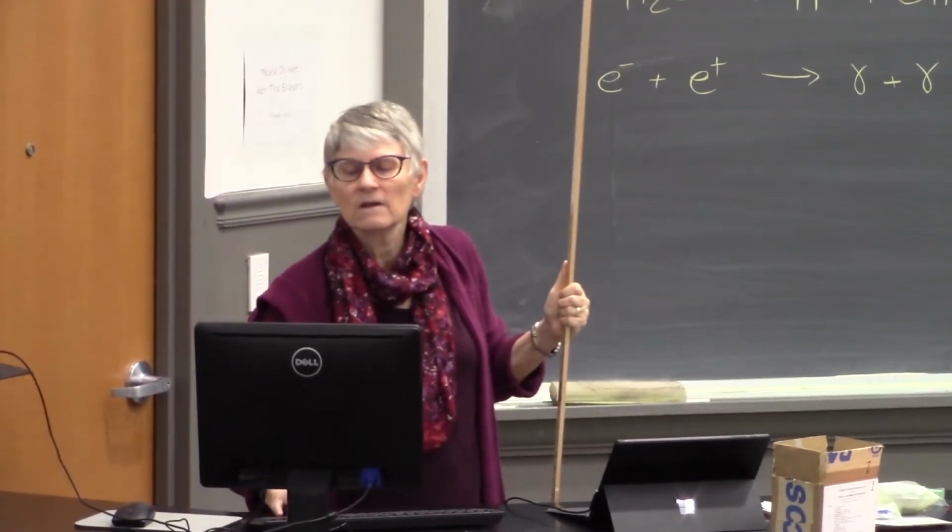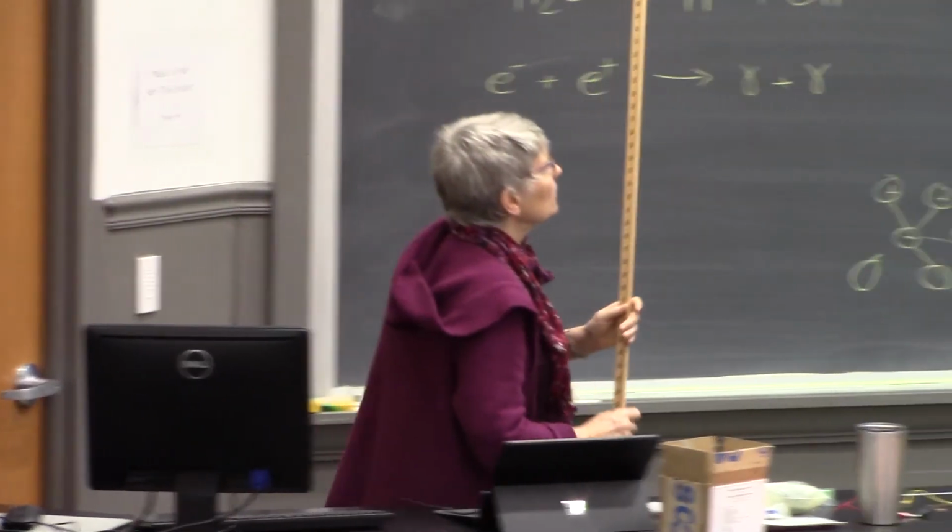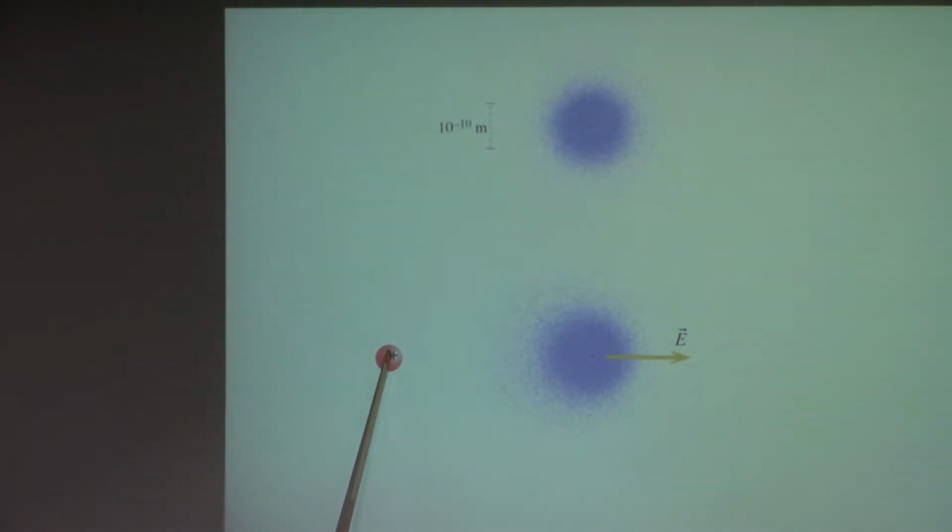However, if we bring, say, a positively charged object near this atom, then indeed the positively charged object is going to make an electric field at the location of the atom. And that does exert a force on both the electrons and the protons in the nucleus.